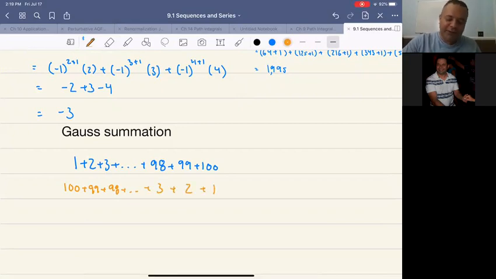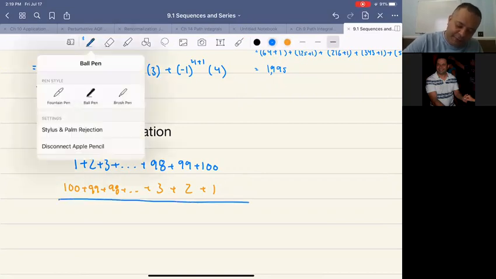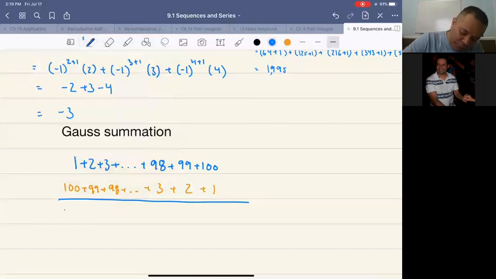And so what Gauss noted is that this is the same thing as this, but I've just written it backwards. If I add them together, I get 101, and I get it 100 times. So 101 times 100.